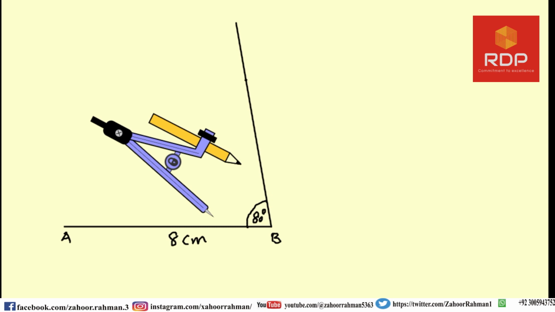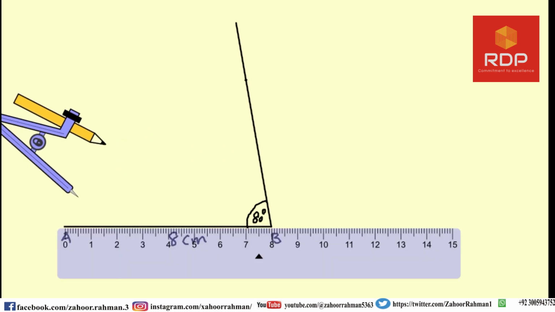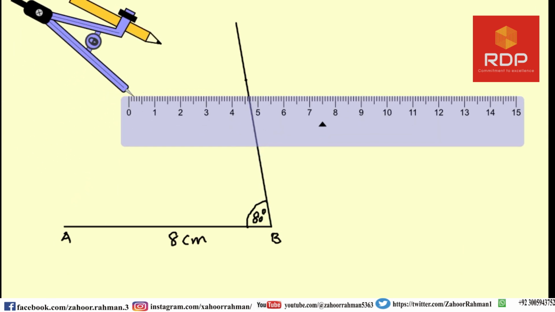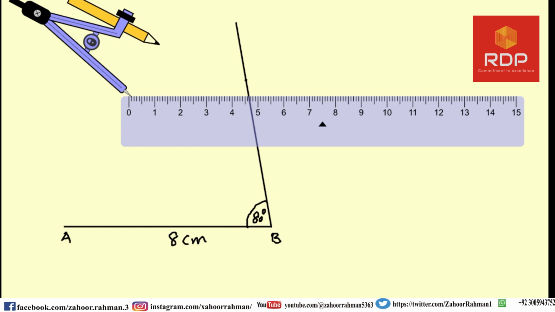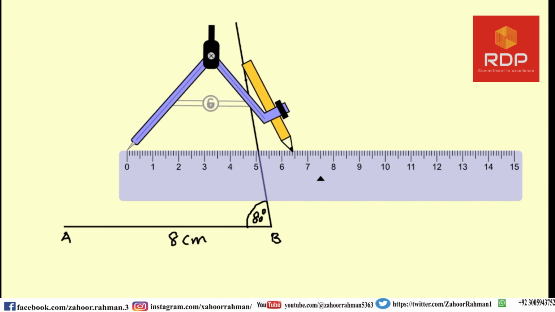So let us first open the compass to 6.5 centimeters from this position. Now you can see that this is at the correct position. We have to unlock and then open this to exactly 6.5 and then lock it.